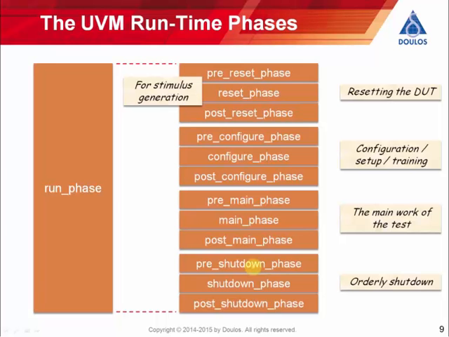So now for the UVM runtime phases. UVM runtime phases is another bit of jargon. The term the UVM runtime phases refers to these specific 12+1 phases that you can see on the slide here. So run phase is a runtime phase. So are reset, configure, main and shutdown.